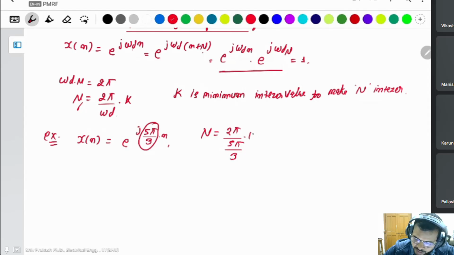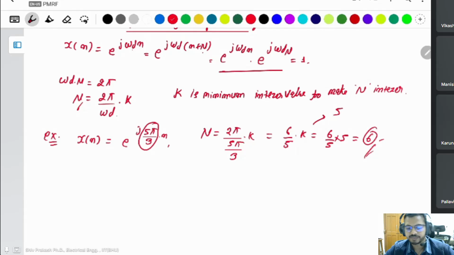This should be multiplied by k. Then you will get 6 by 5 into k. 6 by 5 is not an integer number; this is a rational number. That's why you have to multiply by k, the minimum being 5, the denominator. If you multiply by 5, the 5 will be cancelled out. 6 is the time period of this signal.